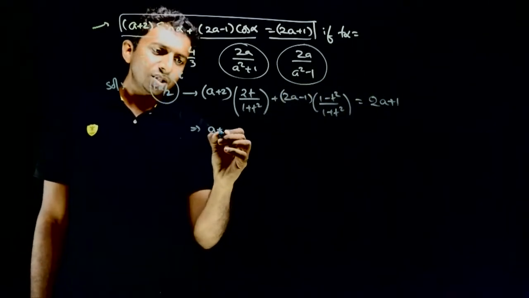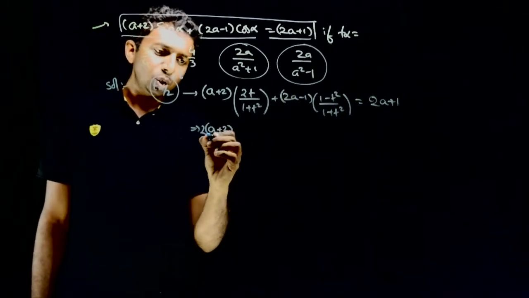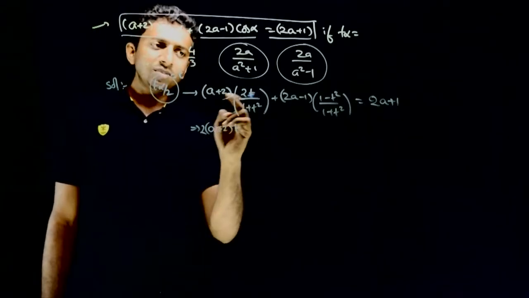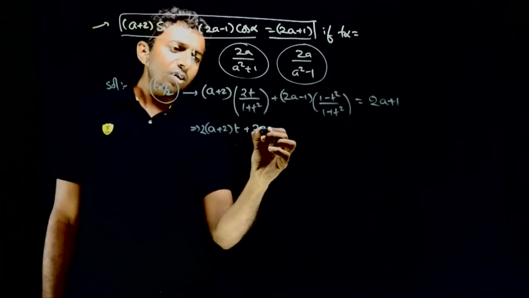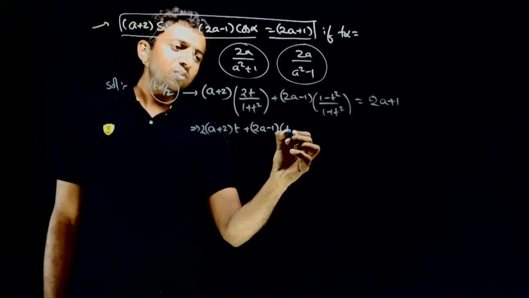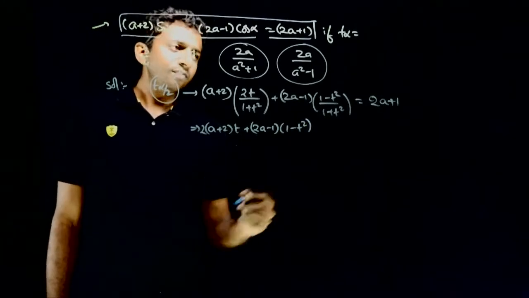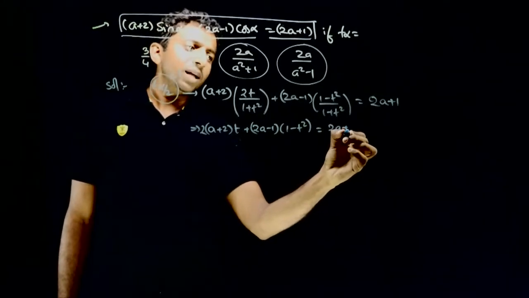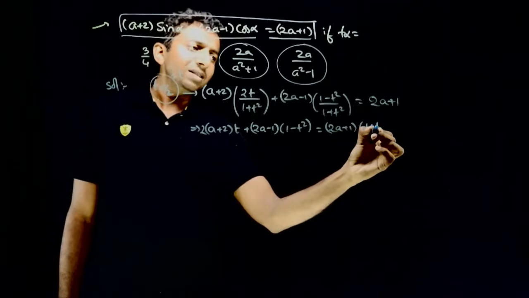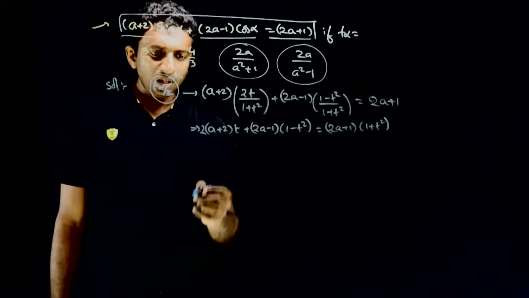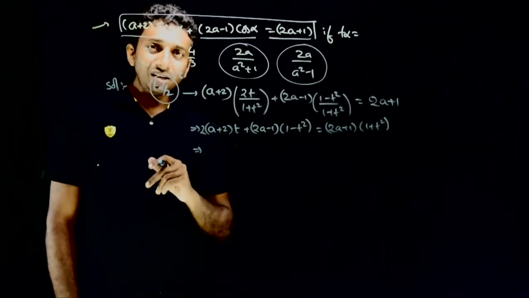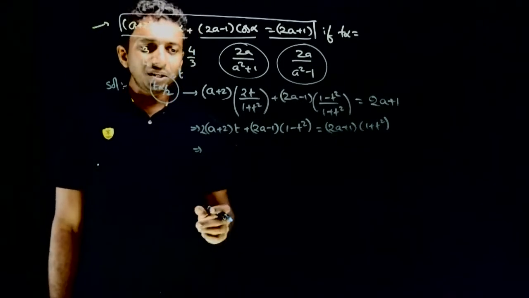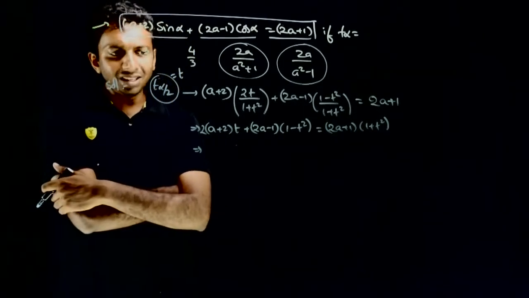So (a+2) times 2t, so 2 times (a+2) times t, plus (2a−1) times (1 − t²) is equal to (2a+1) times (1 + t²). This implies, I'll try to convert this into a quadratic equation in t.